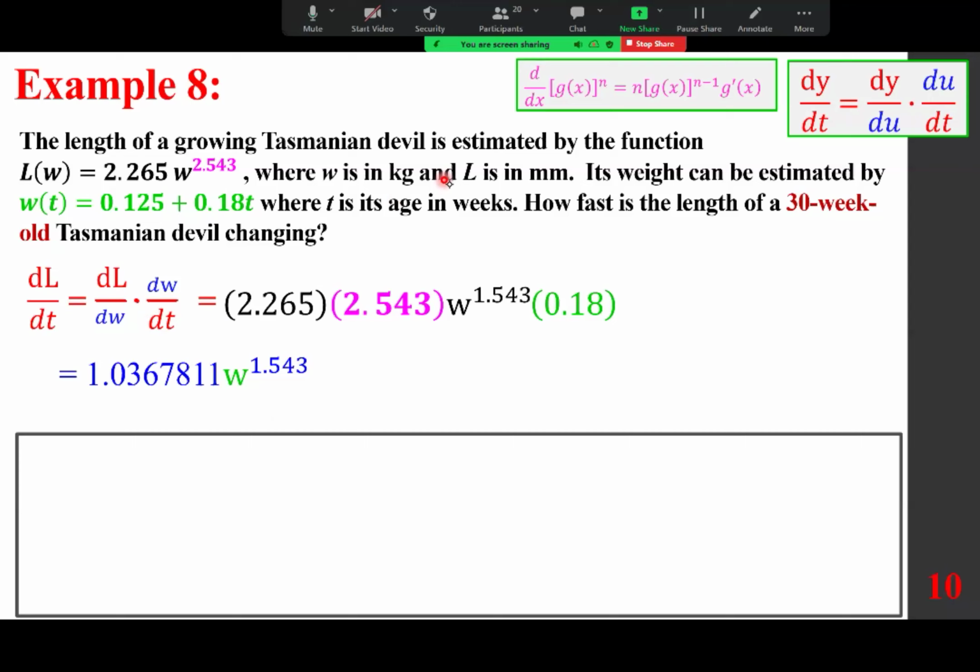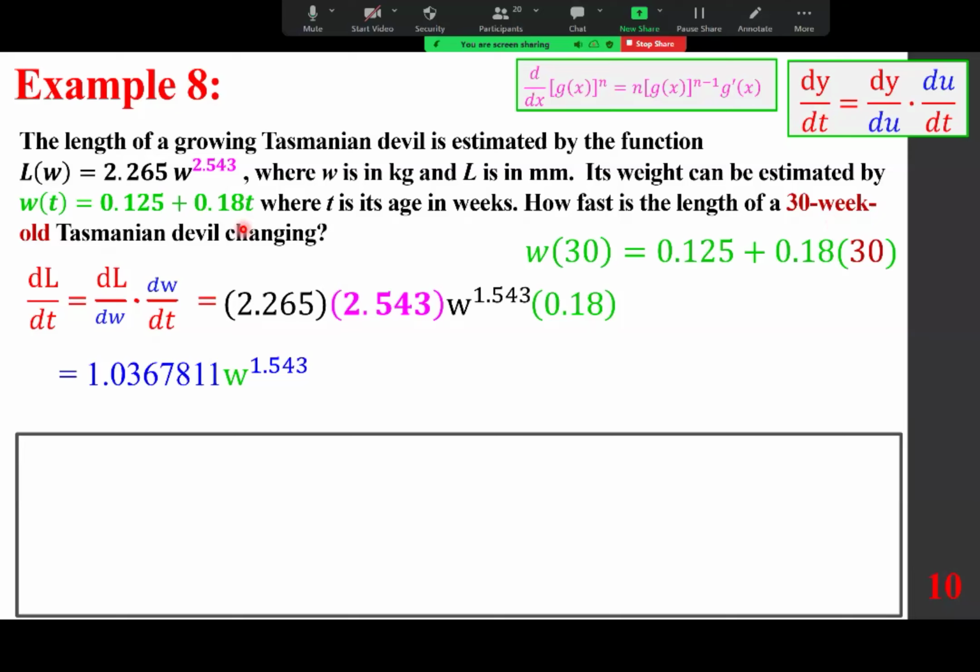Now, we want to know how fast the length of a 30-week-old Tasmanian devil is changing. So you have to change the t to 30. But this is not a function of t. You have two choices. You can make it a function of t by putting 0.125 plus 0.18t instead of W and plug in 30, or just plug it in here and find the weight when it's 30 weeks old.